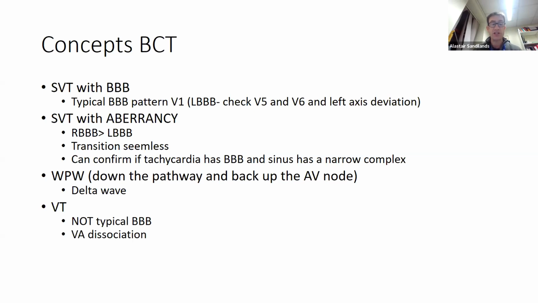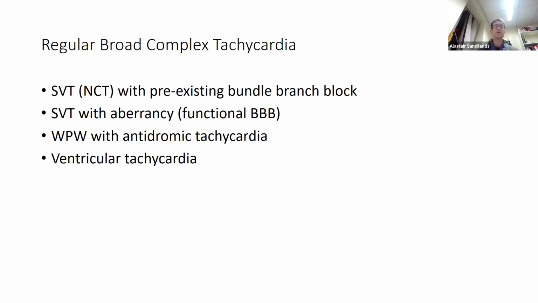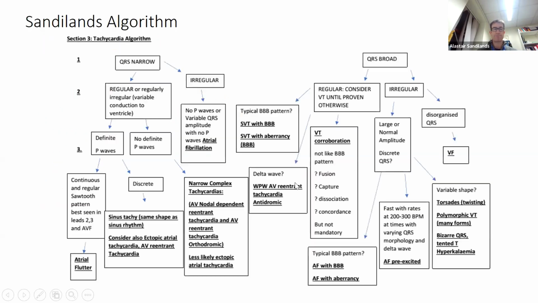There may be evidence of VA dissociation in V1. There may be fusion and capture beats. Okay, so these are regular broad complex tachycardias: SVT or narrow complex tachycardia with pre-existing bundle branch block, SVT with aberrancy, Wolff-Parkinson-White with antidromic tachycardia, and VT.